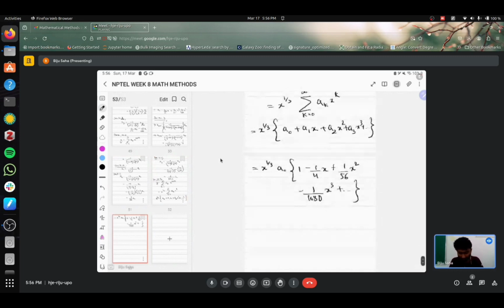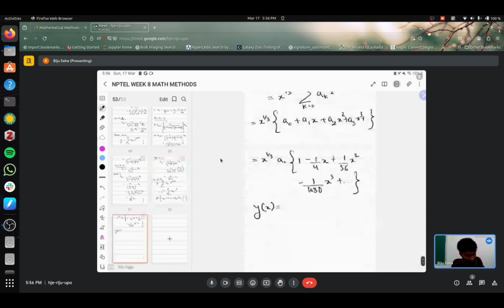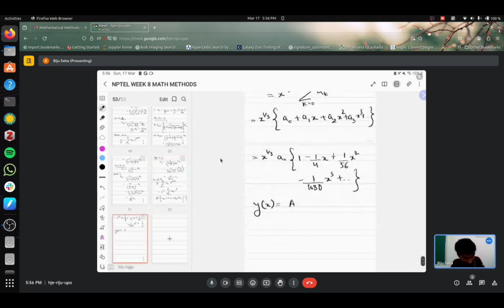So the net solution can be written as, the total solution is obviously equal to, so various values of a. I have this y1 as the first solution and y2 as my second solution.